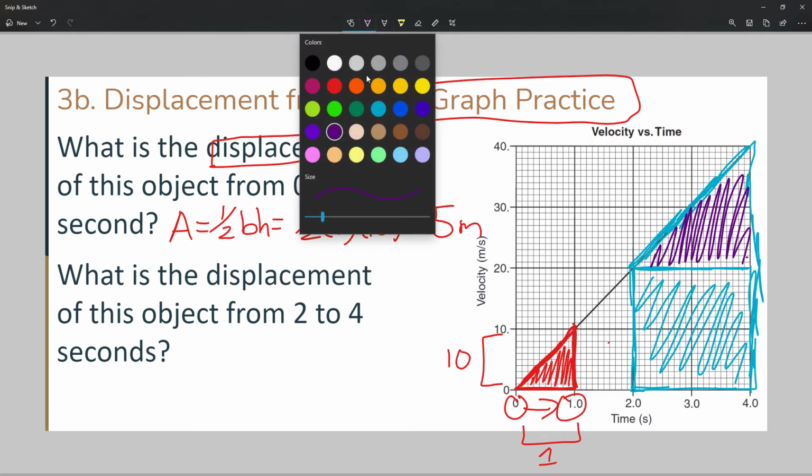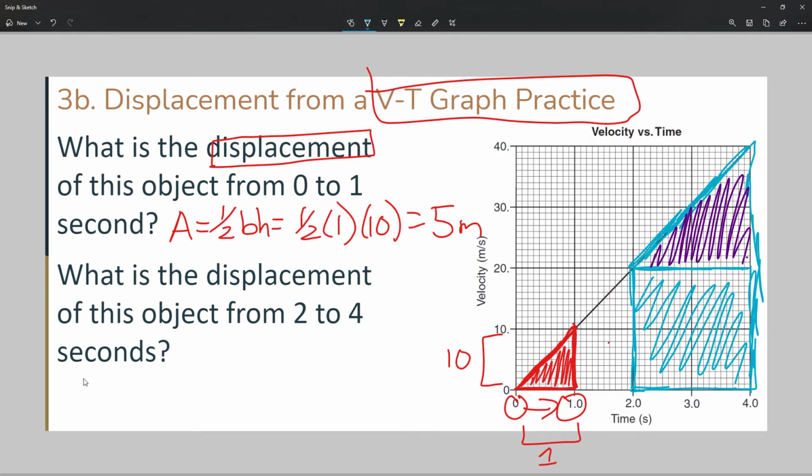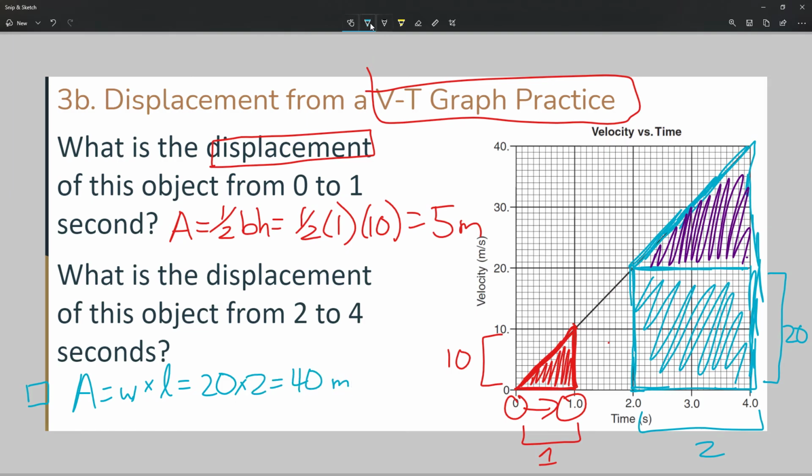The area of the square is width times length. Your width is 20 and your length is 2, so we get 40 here. The area of your triangle is 1/2 base times height.